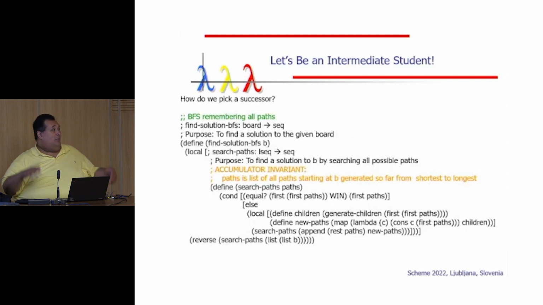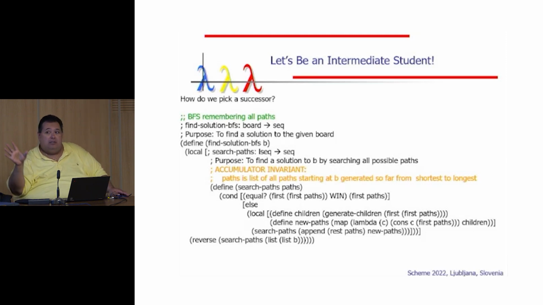And so now, once they learn about a cumulative recursion, you'll say, hey, let's do breadth first search. With breadth first search, we're going to remember all the paths. We're not going to ignore any of the children, any of the successors. So we generate the successors, and then we create a new path for each one of those, and then we add those to our accumulator of paths, and continue the search that way until one of those paths reaches a win.